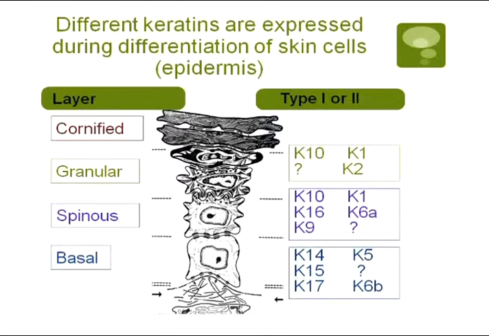So in basal cells, you find particularly keratin 5 and 14, and some others like 6B and 17. But in the more differentiated cells, you find keratin 1 and 10 and 9, or 6A and 16, and so forth. So that's very important to remember.